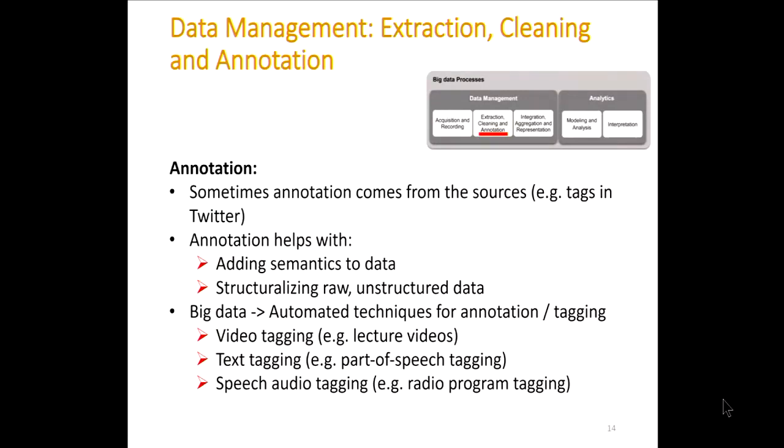So in terms of, okay, now you have your data, it's nice and clean, but sometimes, as I mentioned a bit ago, it's not only the data itself that is important, but also the metadata, how the information is tagged about something.